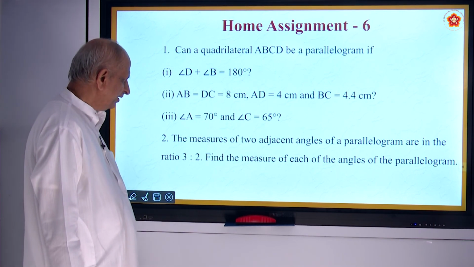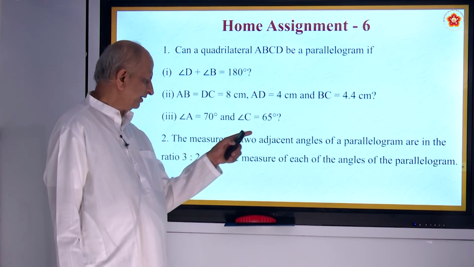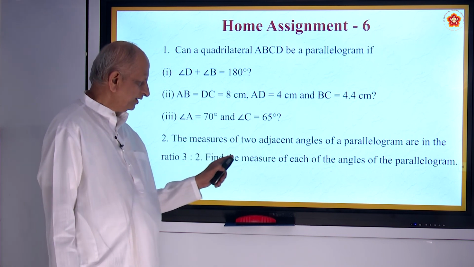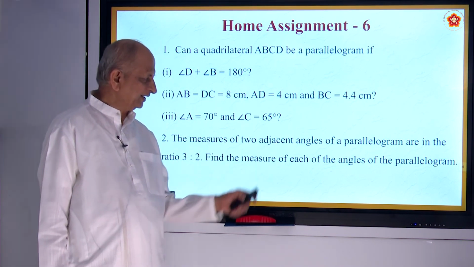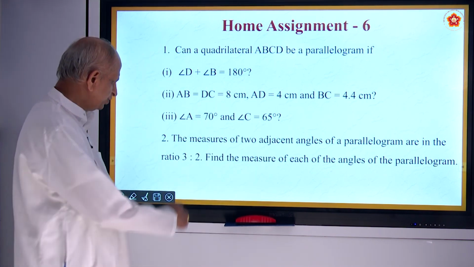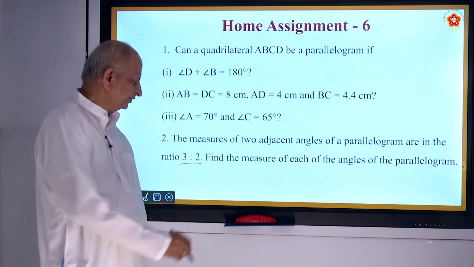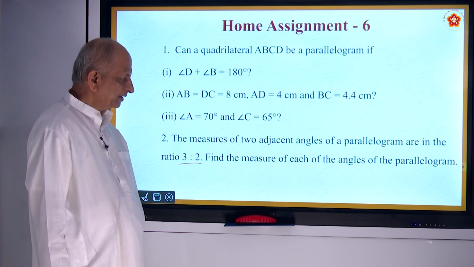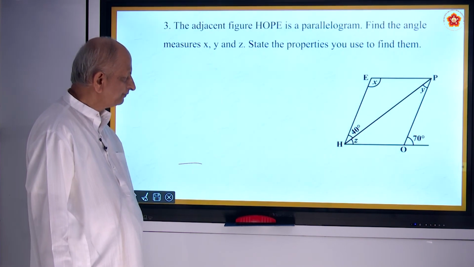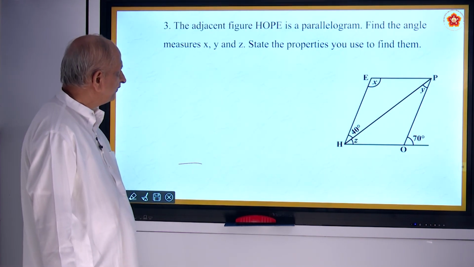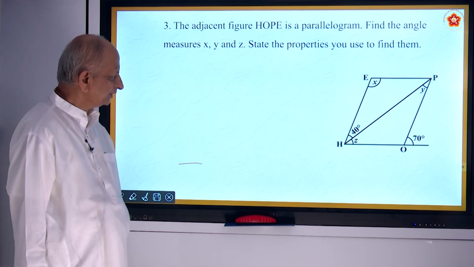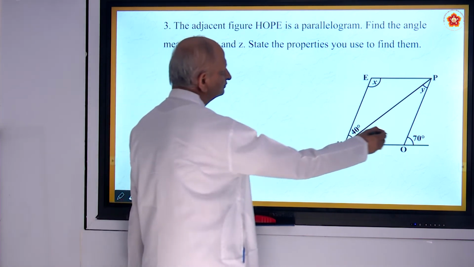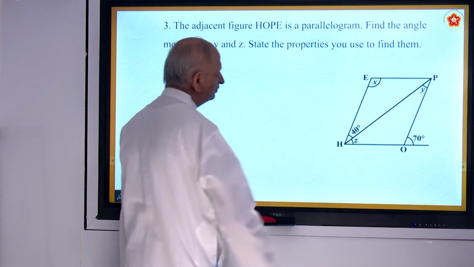Next question, measures of two adjacent angles of a parallelogram are in the ratio of 3:2. Find the measure of each of the angles of the parallelogram. So, ratio is given. Using this ratio, you have to find each of the angles. Okay. And one more question, adjacent figure, we have HOPE is a parallelogram here, HOPE on one side is produced.